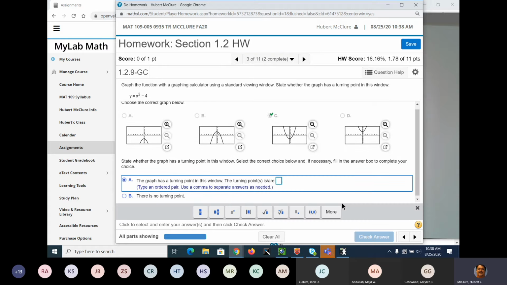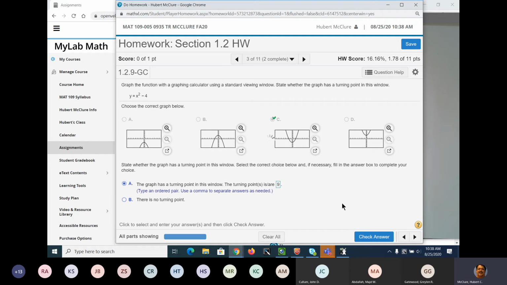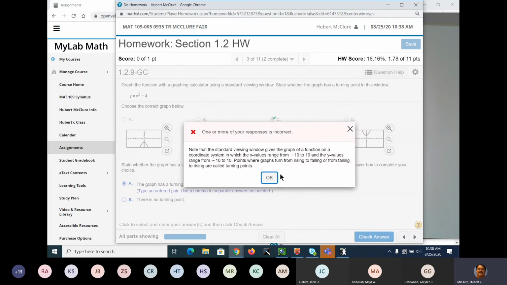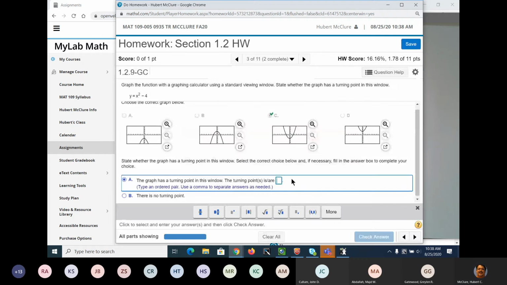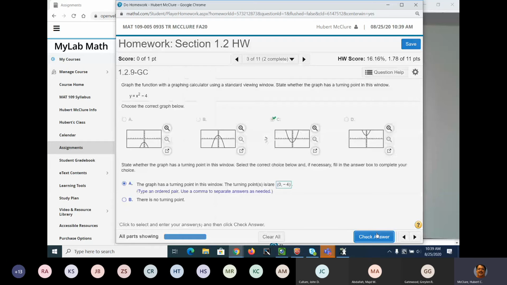So that would be 0, comma, -4. That should be the vertex, which is the turning point.